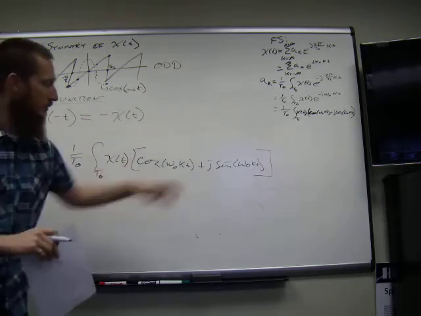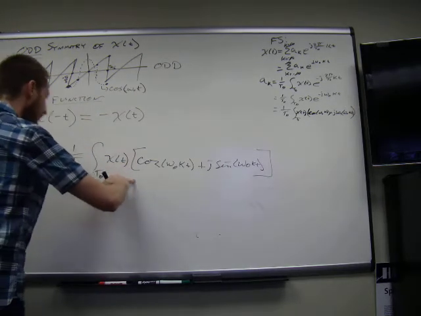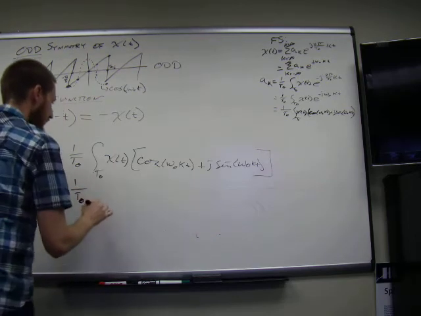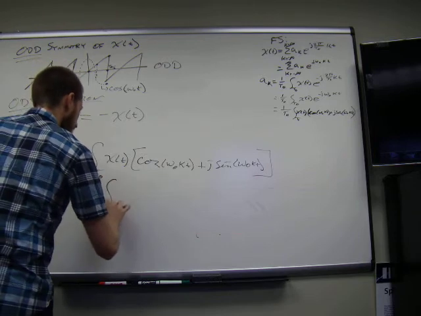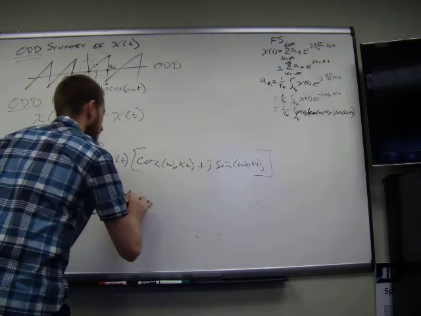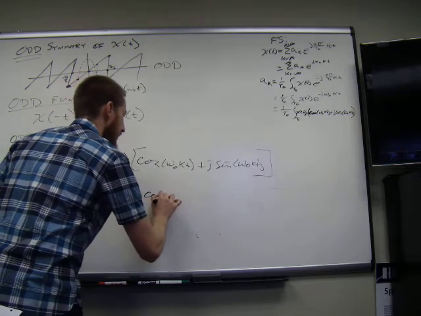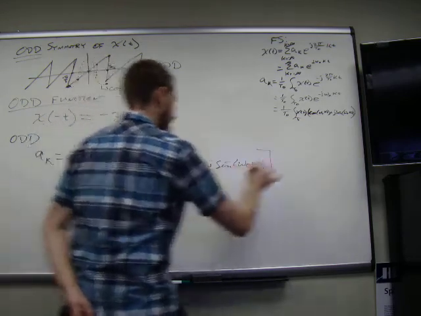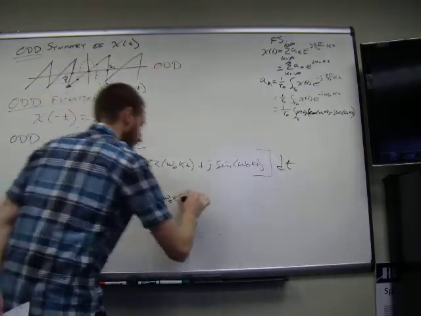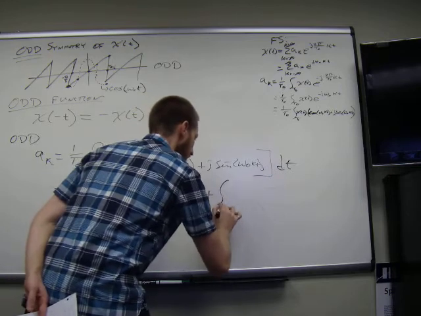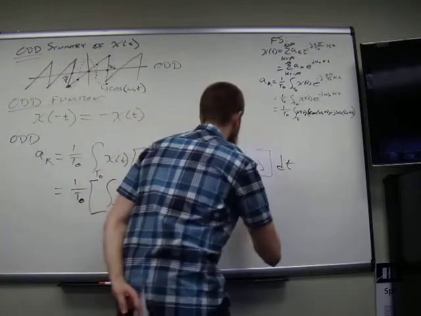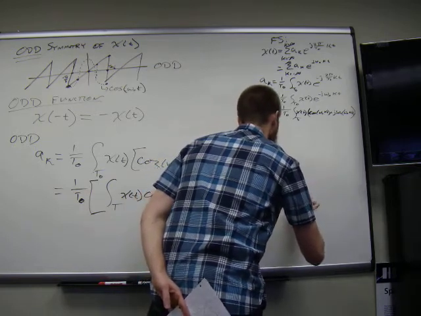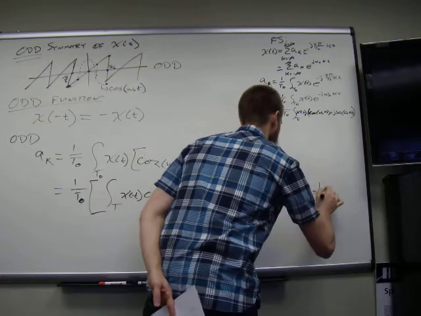When we distribute this through and do the integral, 1 over t naught is going to be the integral over t naught of x of t times cosine of omega naught kt dt plus the integral of t naught of x of t j sine of omega naught kt dt.